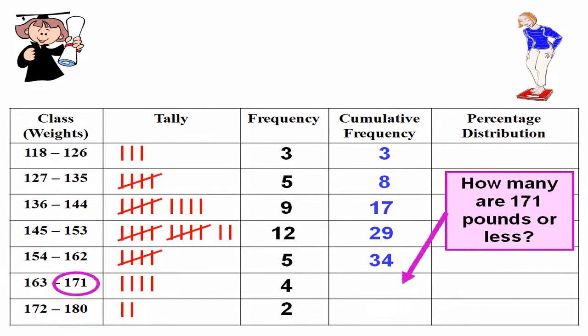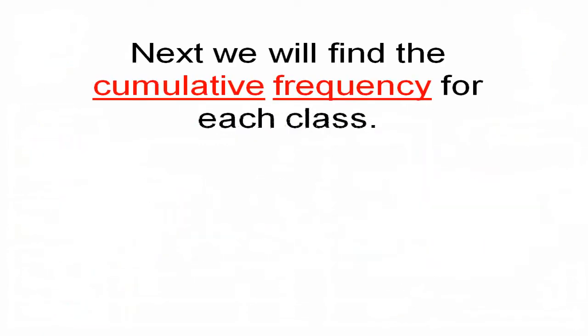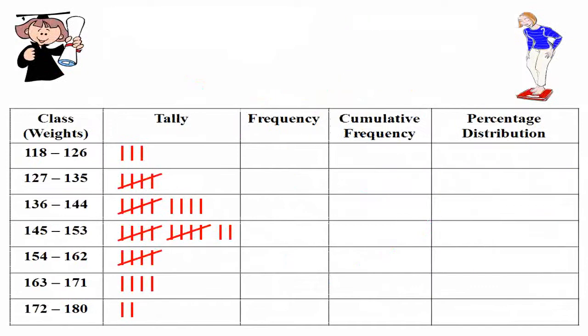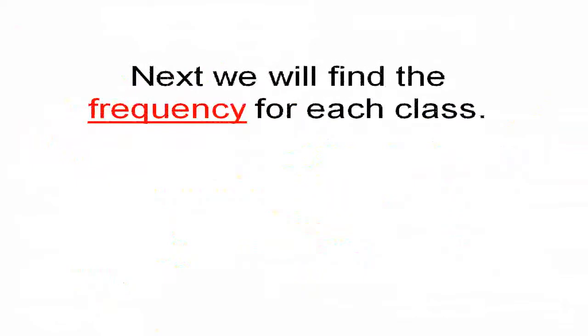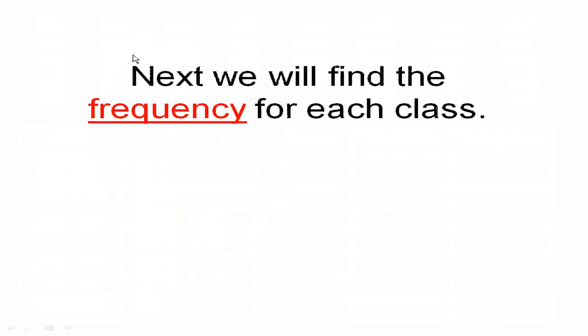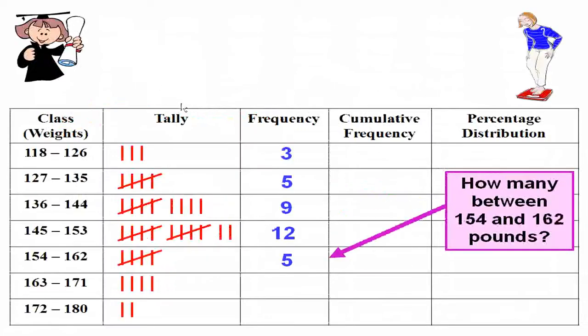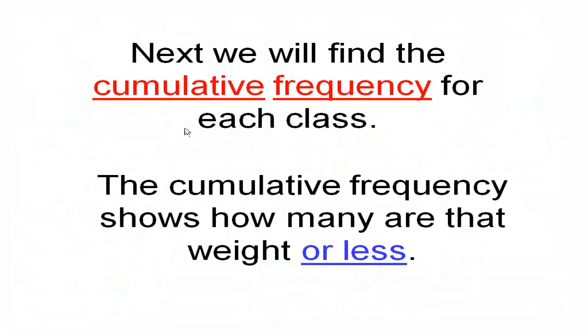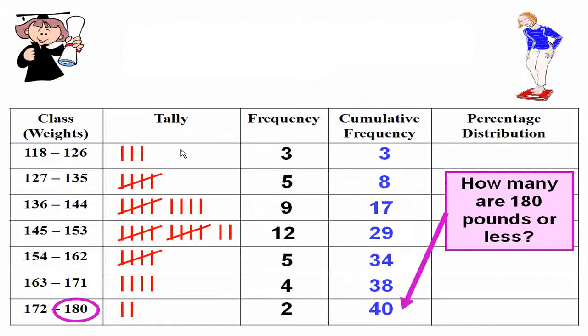Now I want you to see something here. I'm just going to go backwards here until I get the data. Let's look at the data here. How many numbers do you have up there? 40. And what is the last cumulative frequency here? 40, right? So it's your data. And here's another thing, and I do want you to write this down. The sum of the frequency.